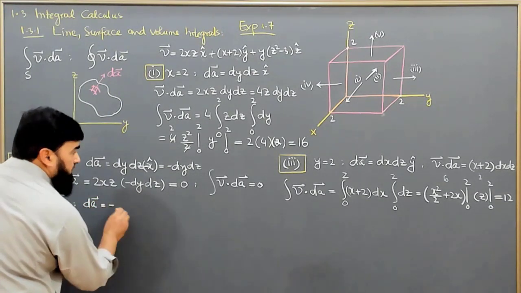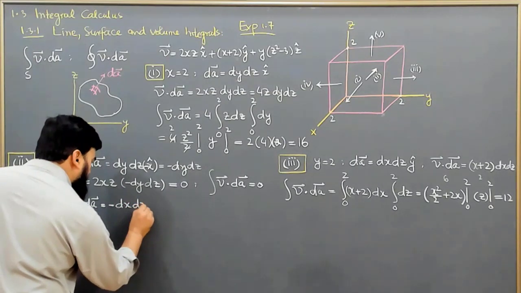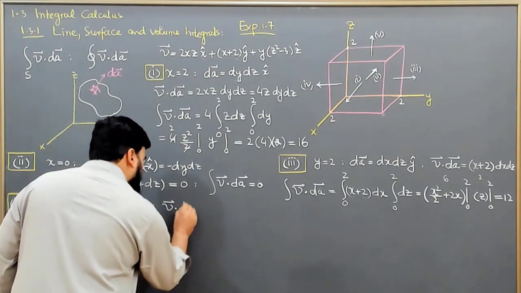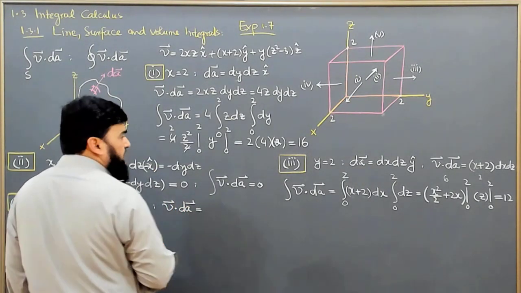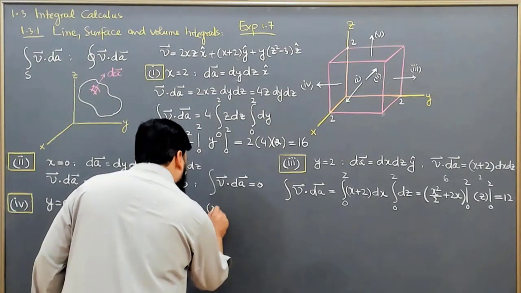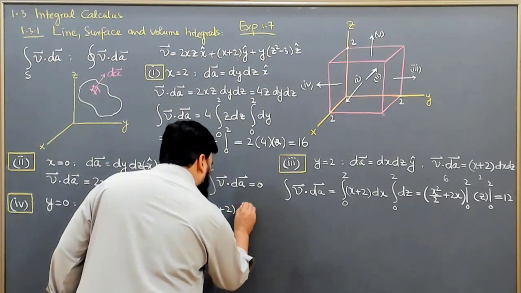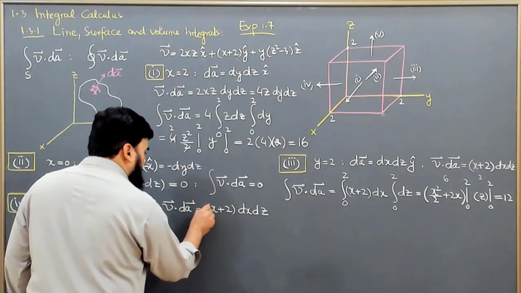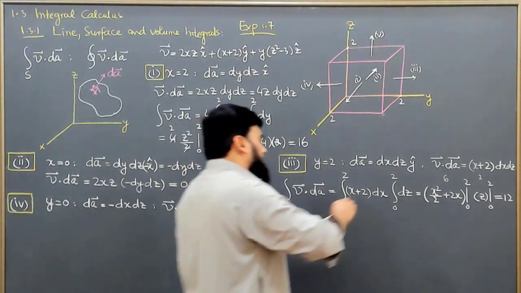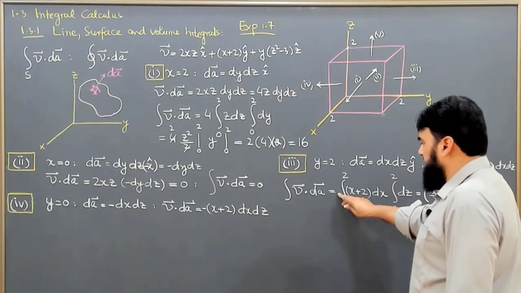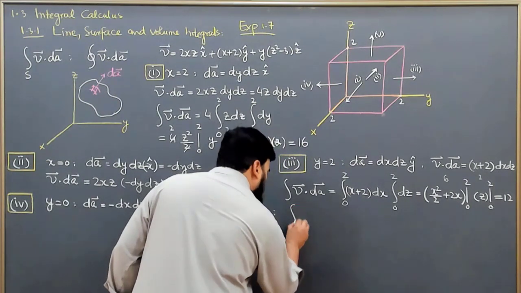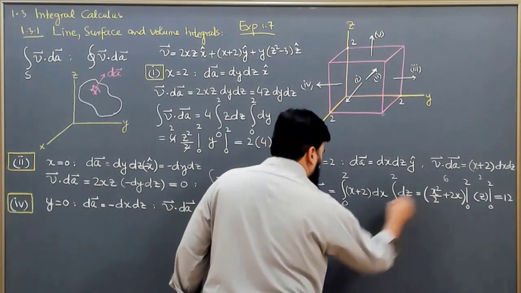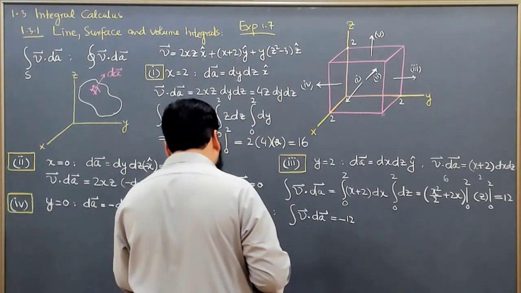It will be minus dx dz, while the v dot dA product will be x plus 2 dx dz, but with a minus sign in front, and the rest of it is the same. So it means that the integral of v dot dA for this phase comes out as 12 but with a minus sign. So this is minus 12.